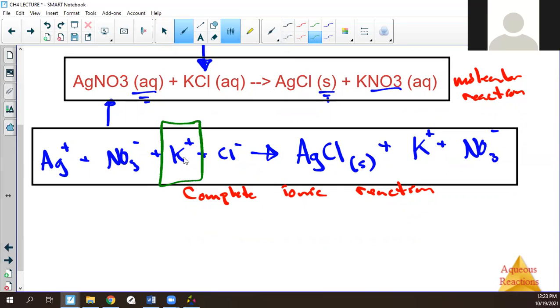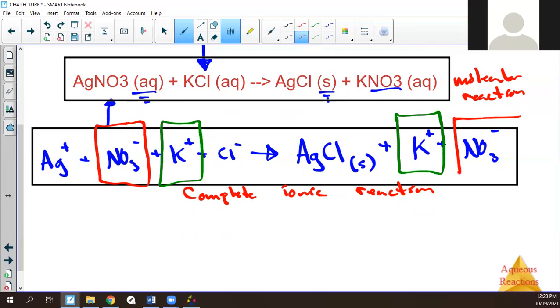K plus is K plus on the left and the right. So did anything happen to it? No. Good job. And then he also said the NO3 is NO3 minus on the left and NO3 minus on the right. So inside this beaker that this reaction happened, did anything happen to K and NO3? No. So we call them spectator ions, and we really ignore them because the reaction never happened.